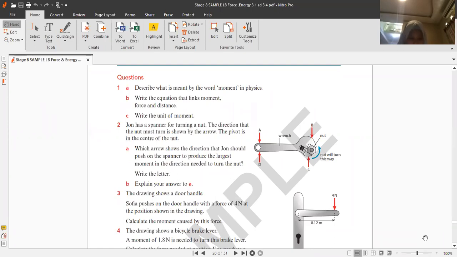These are the questions, some of them asking about concept. Now I give you a chance to answer number 1.A, please. 1A. Yes. Describe what is meant by the word moment in physics.